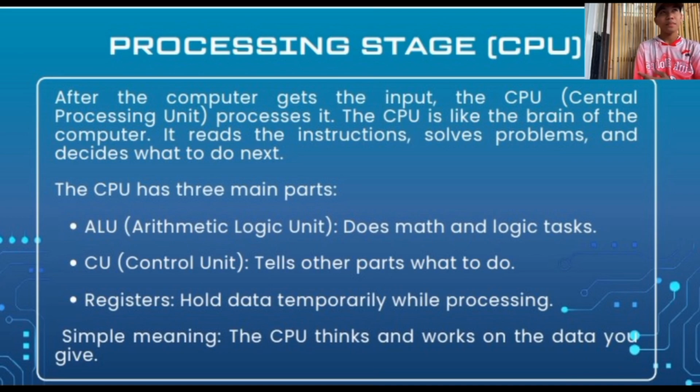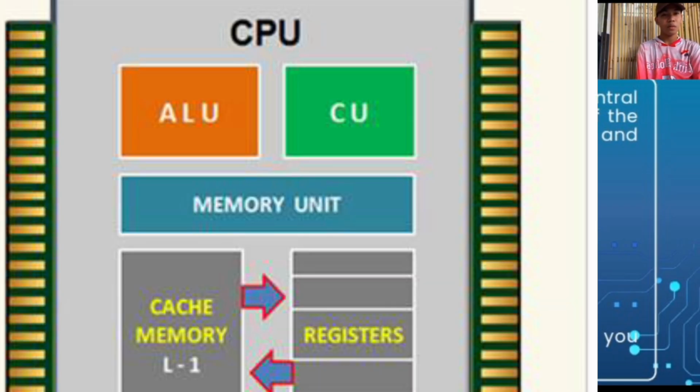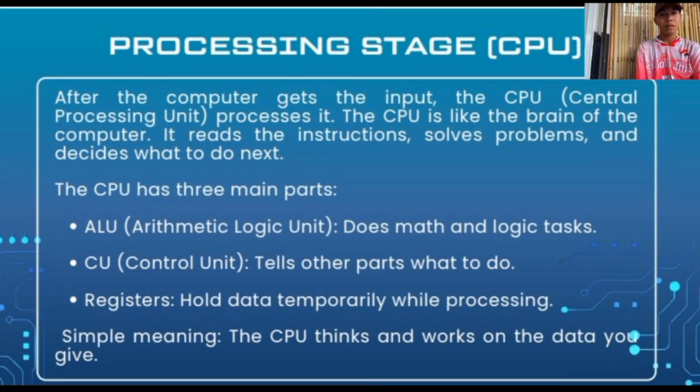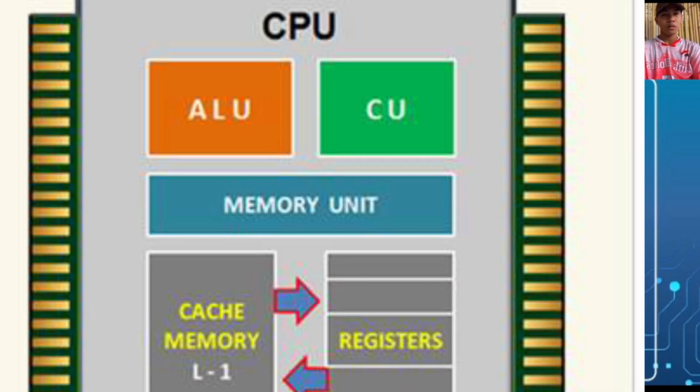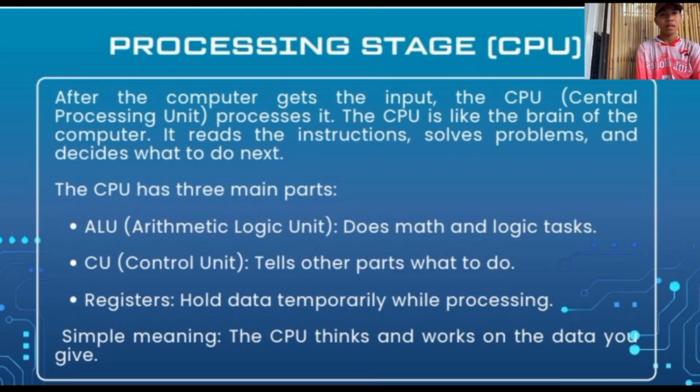The CPU has three main parts. The first is the ALU, or Arithmetic Logic Unit, which does math and logic tasks. The second is the CU, or control unit, which tells other parts what to do.